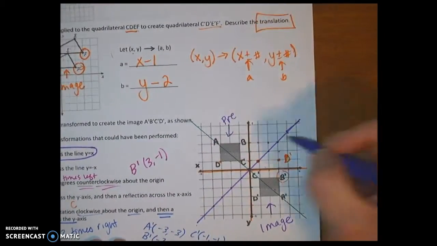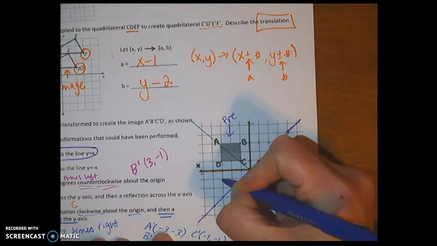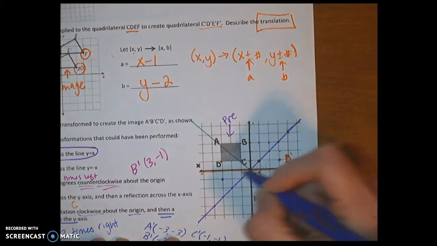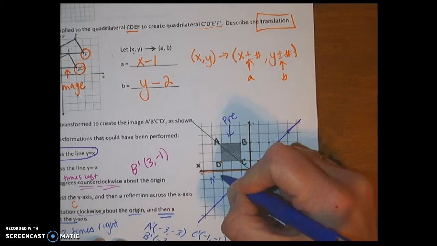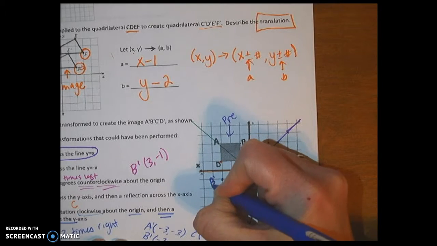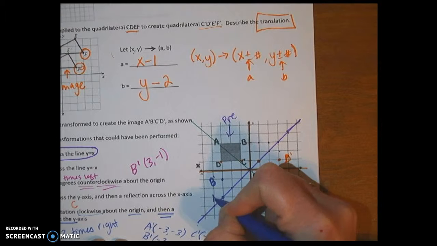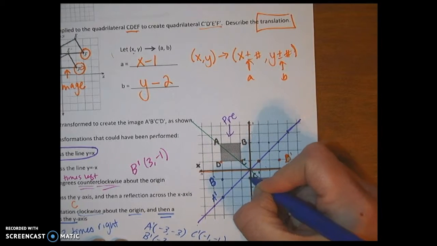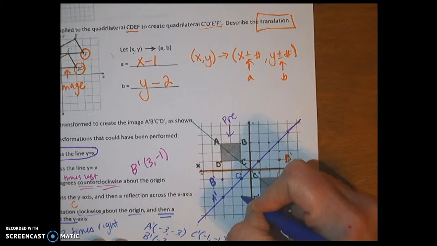When I rotate that back and plot those points, -3, -3 is right there. That's your A. B is actually B. Sorry kids, it's late. Your A is down here, so there's my A prime. C prime is right here, and D prime is right here.